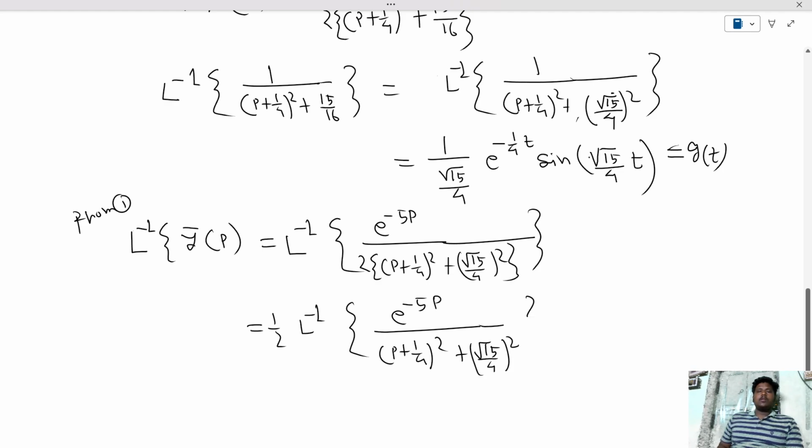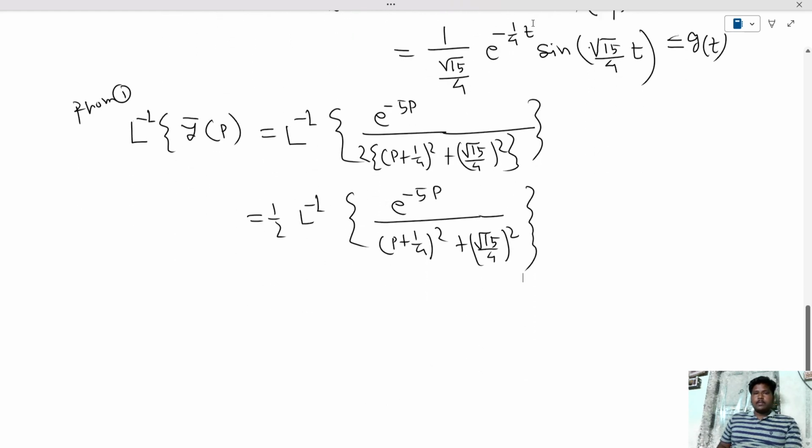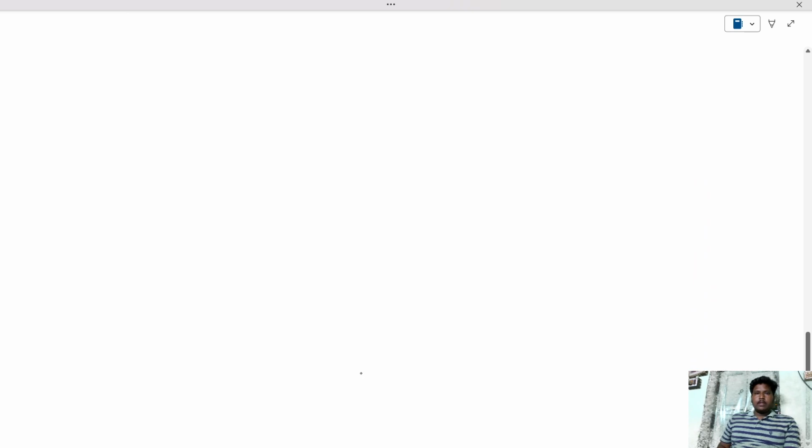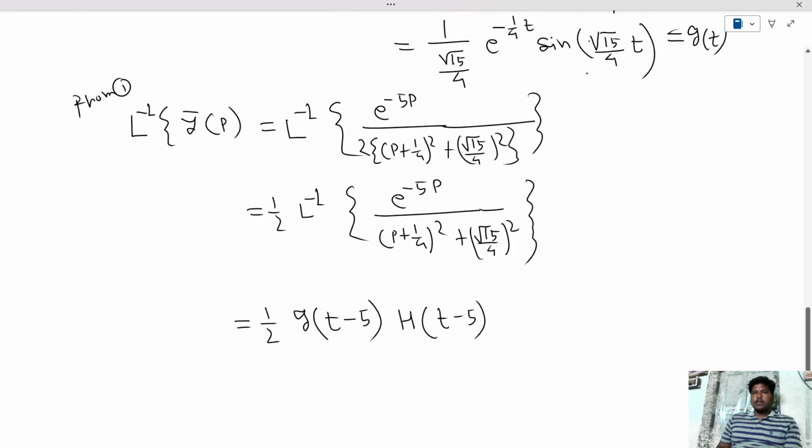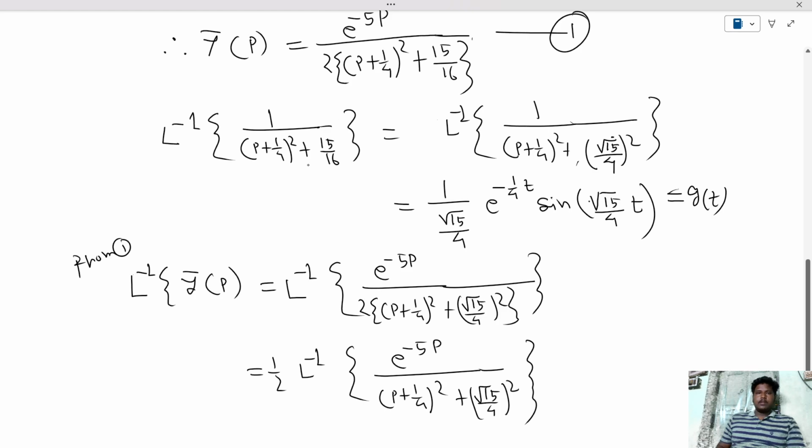And by the definition of Heaviside step function, we know that this will give 1 by 2 g of t minus 5 and h of t minus 5, where g t is Laplace inverse of this.